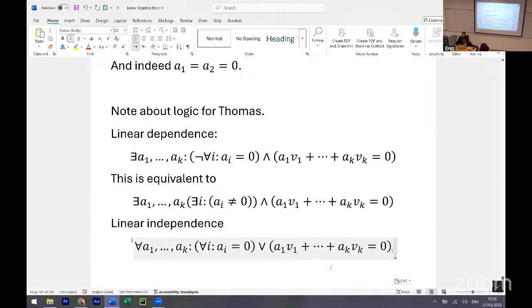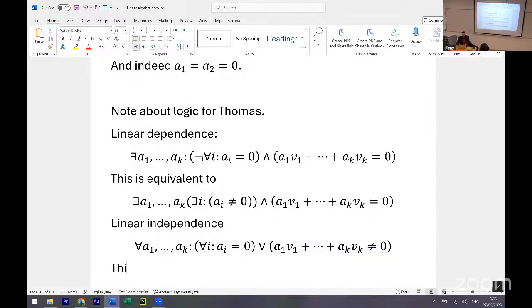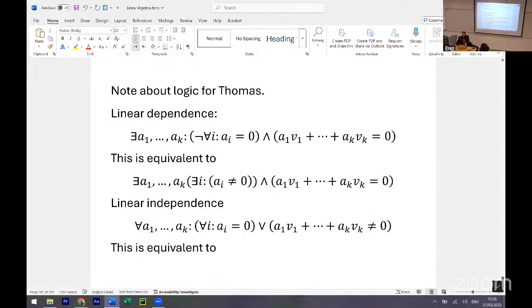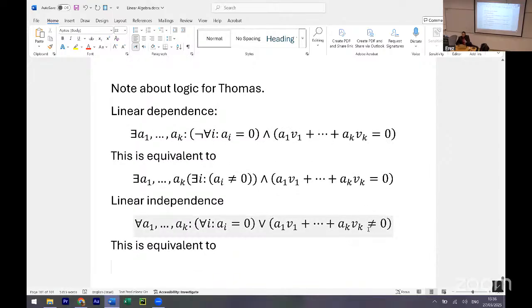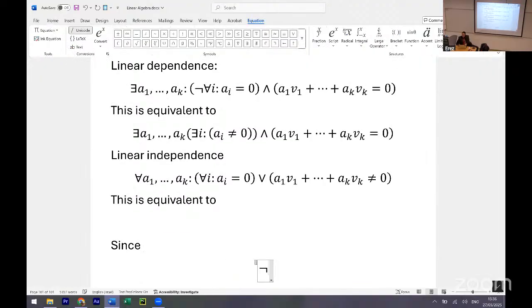And that is quite confusing. That's not the best way. That's not the way we look at it. And this is equivalent to what is "not something or something"? Isn't it like implies?